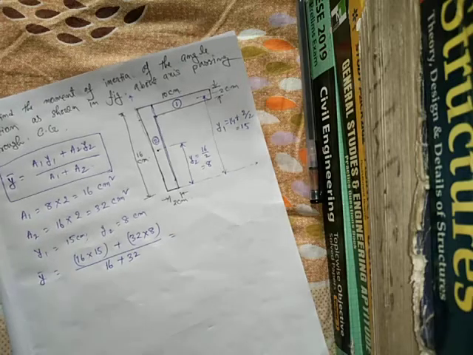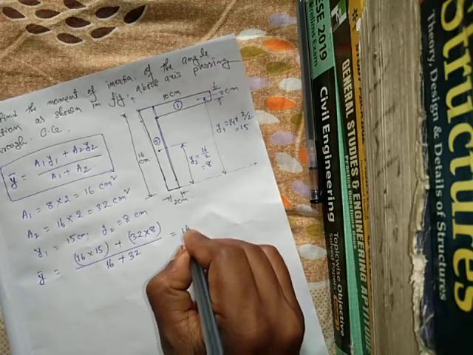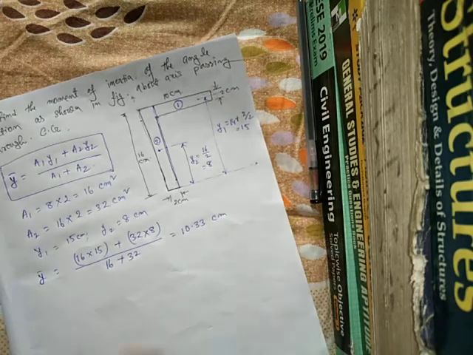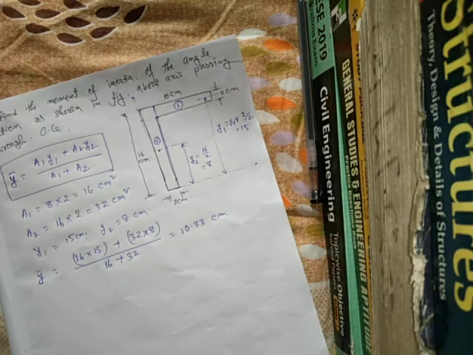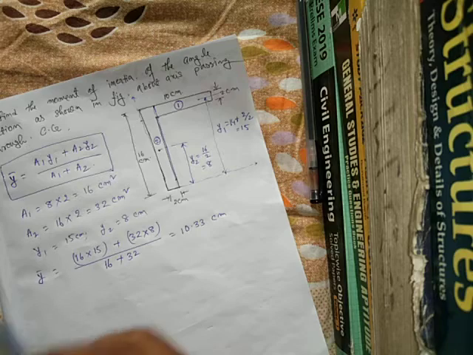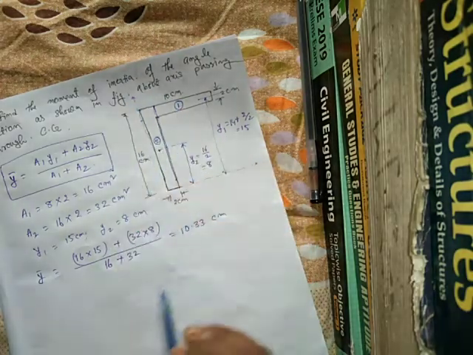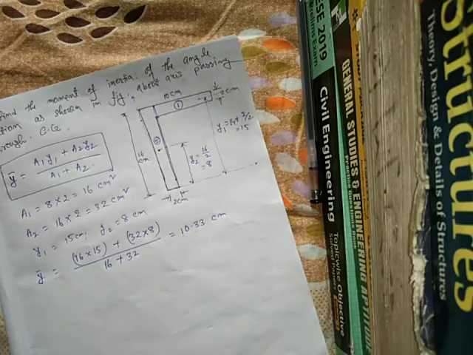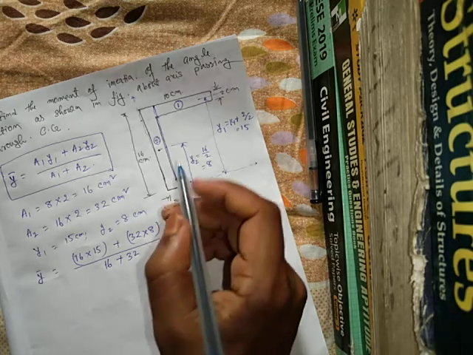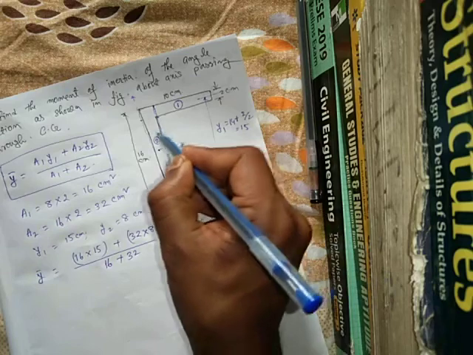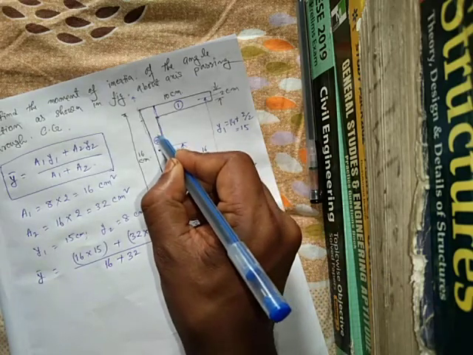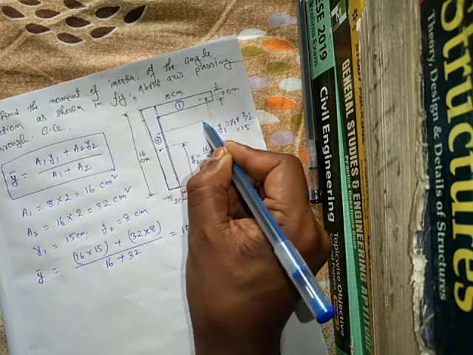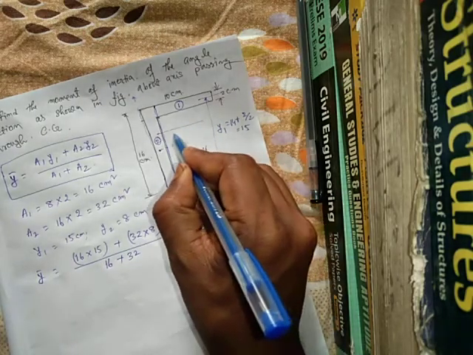This equals 10.33 centimeter from the base. So the CG of the whole section is 10.33 centimeter from the base.